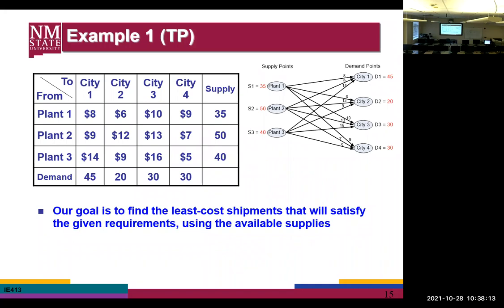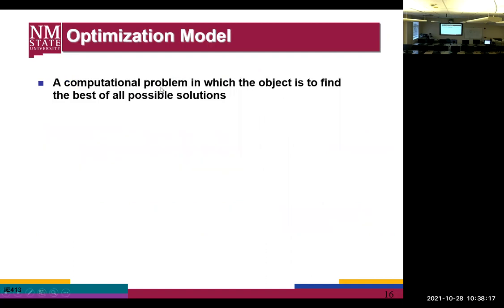So obviously, this is one of the optimization problems, right? An optimization problem is a computational problem where the objective is to find the best of all the possible solutions. So when you deal with it, first you need to define the problem of interest.